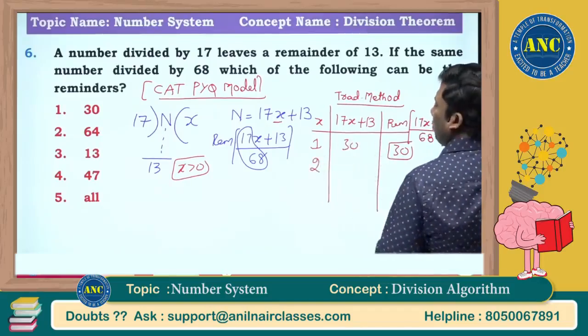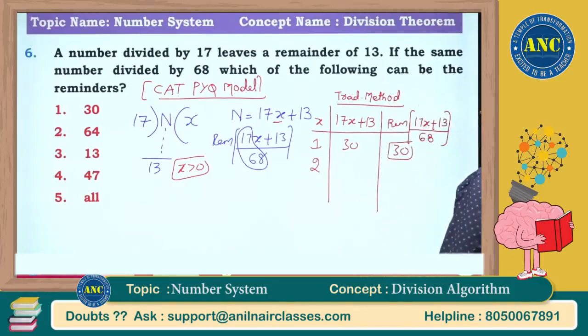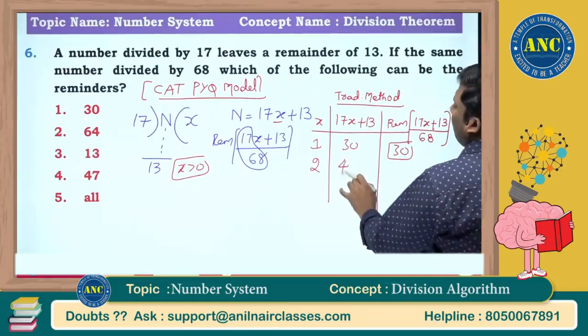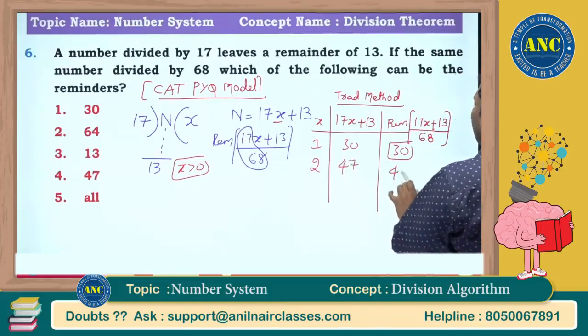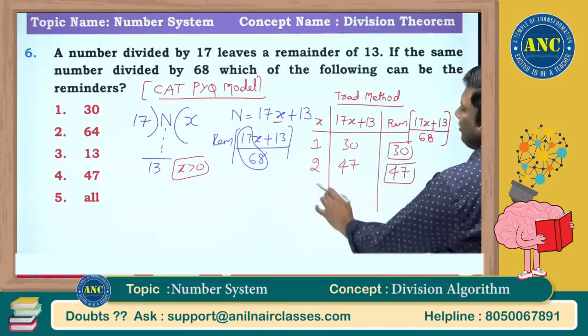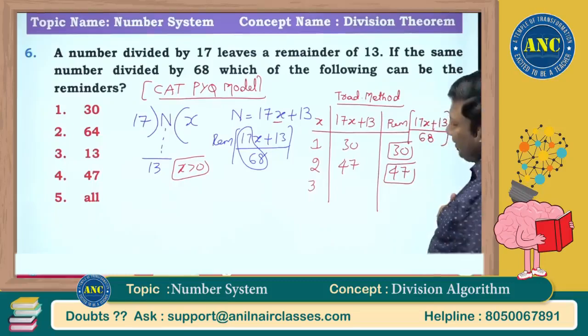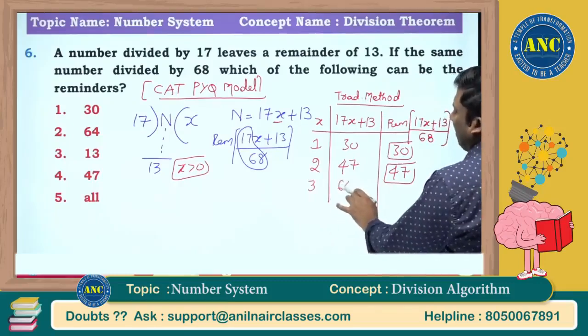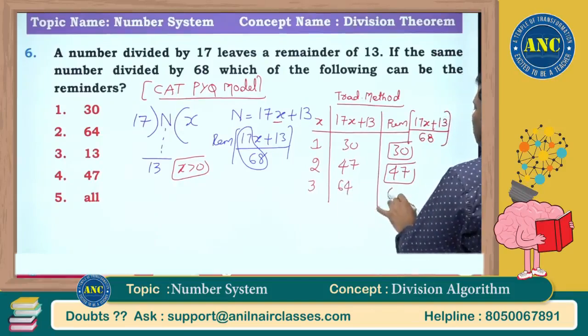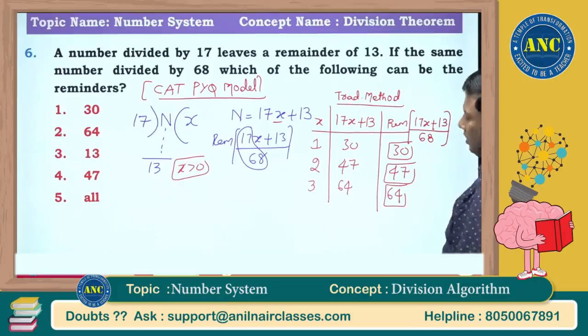X value 2: 17 twos are 34, 34 plus 13 is 47, and 47 divided by 68 leaves 47. X value 3: 17 threes are 51, 51 plus 13 is 64, and 64 divided by 68 leaves 64.